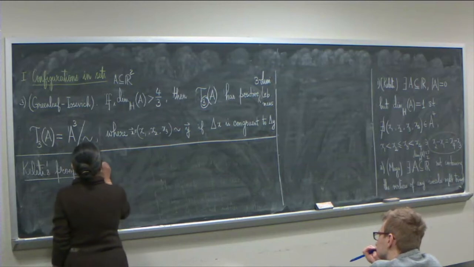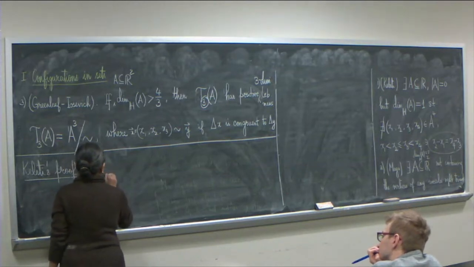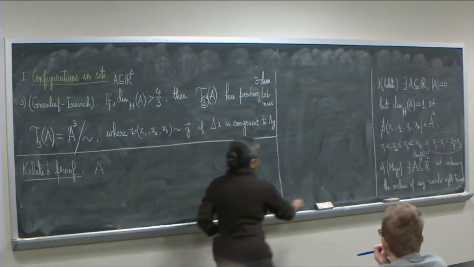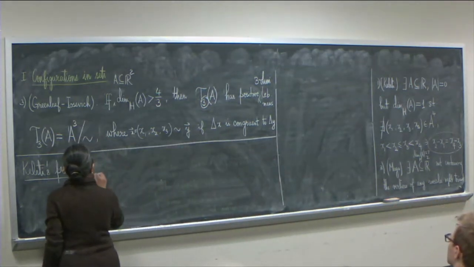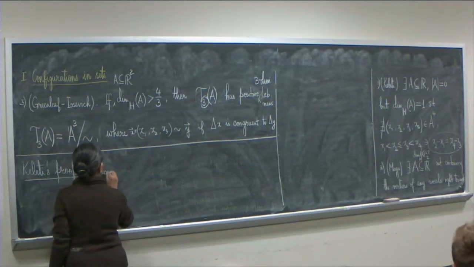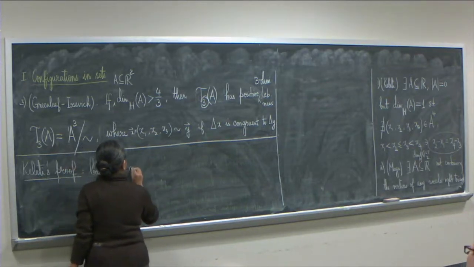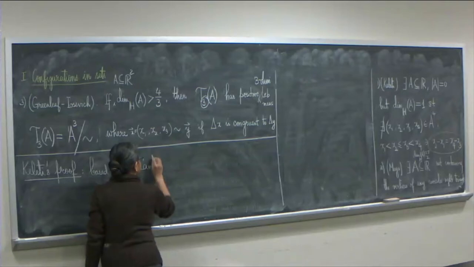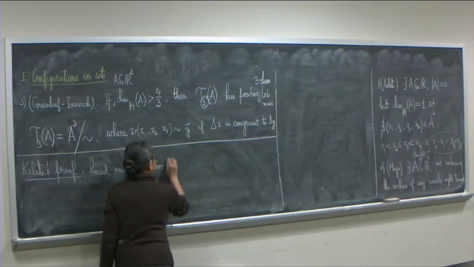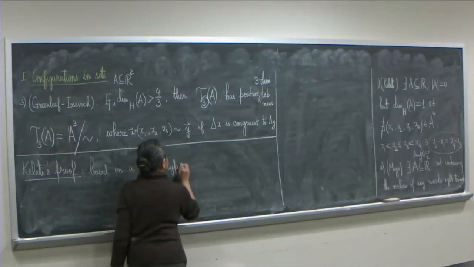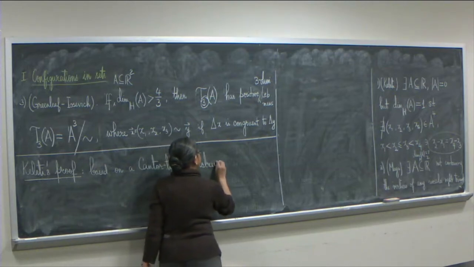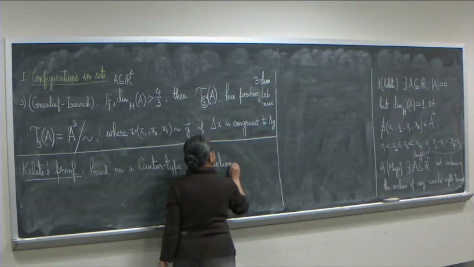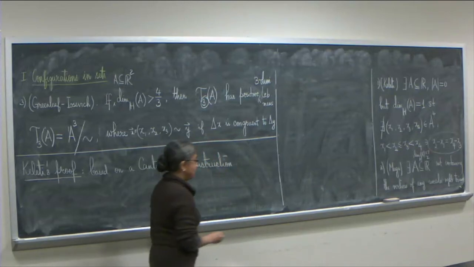So Keleti's plan was the following. He starts at step 1. This is based on a Cantor type construction, but he introduces this new aspect, which is memory.